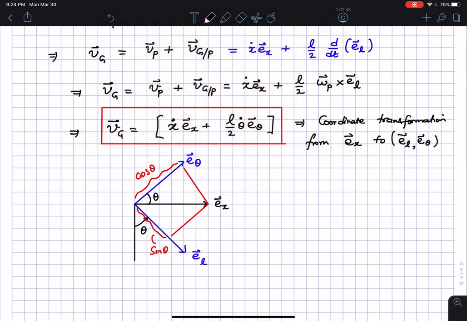Okay, and so I see that Ex can now be written as cos theta E theta and sine theta EL.